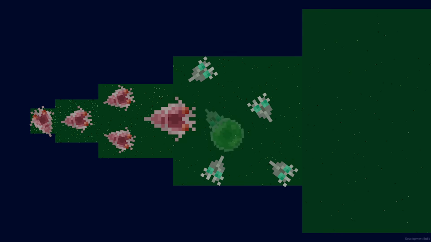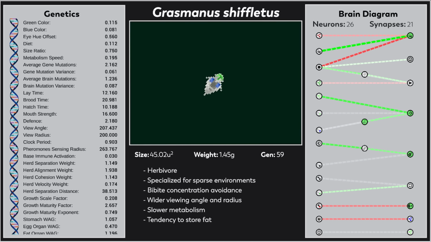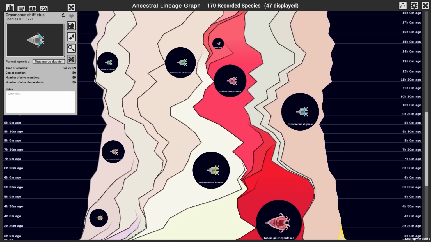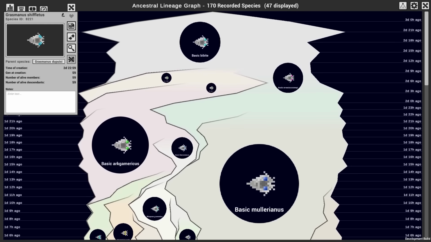Fun. They have started moving into the sparser zones and slowly pushing out their old inhabitants, the Grassmanus lineage. Grassmanus is directly descended from Mullerianus, and their last common ancestor with the other main lineages goes all the way back to the original basic Bibite.